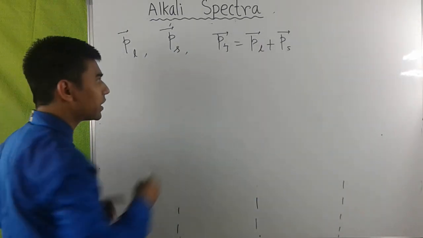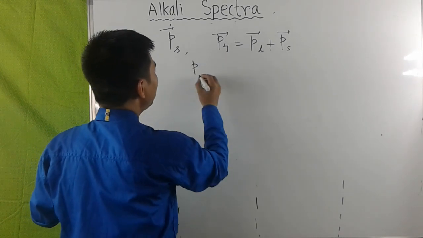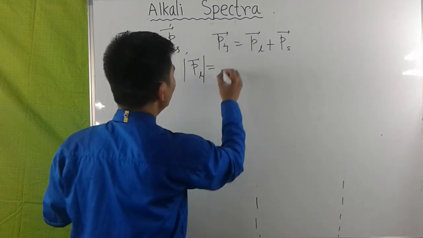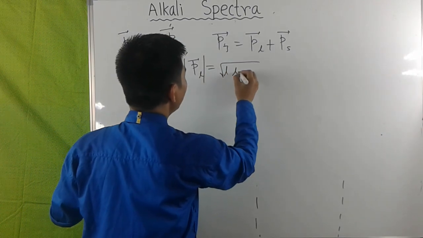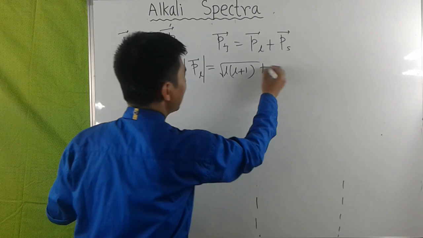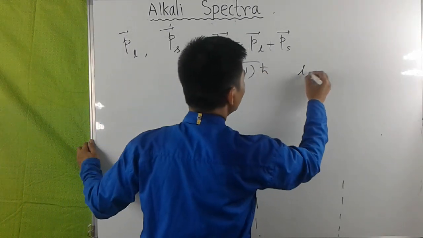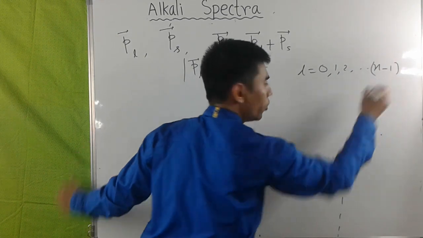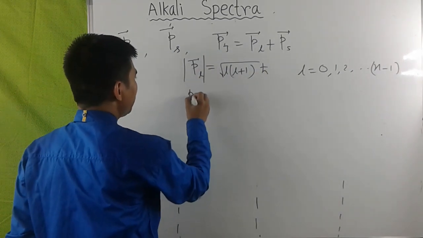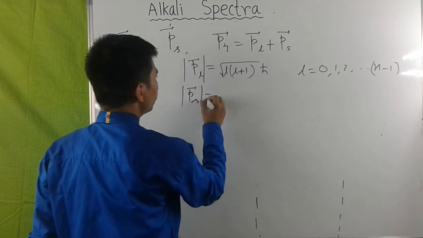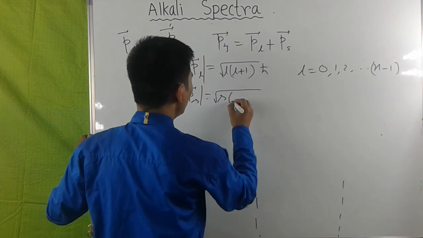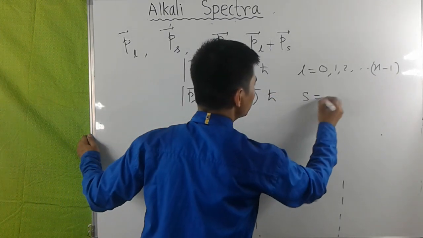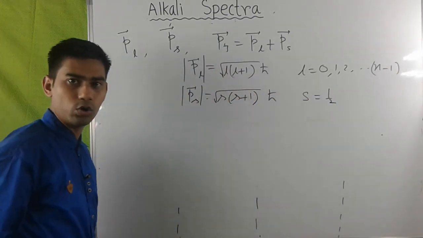And their magnitudes are: modulus of P_L equals root over L into L plus 1 into h cut, where L equals 0, 1, 2, up to n minus 1. And P_S equals root over S into S plus 1 into h cut, where S equals half for an optical electron.